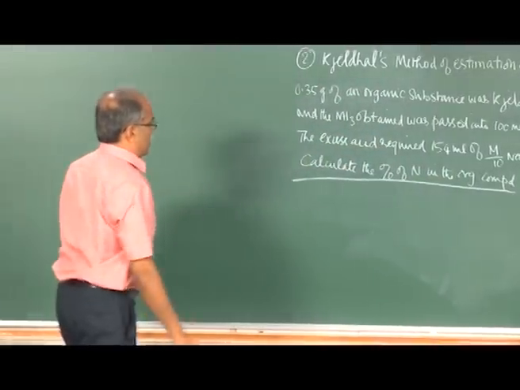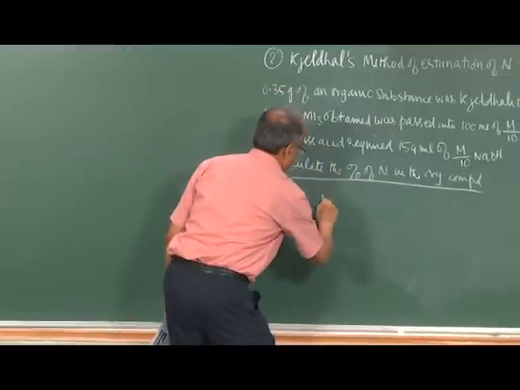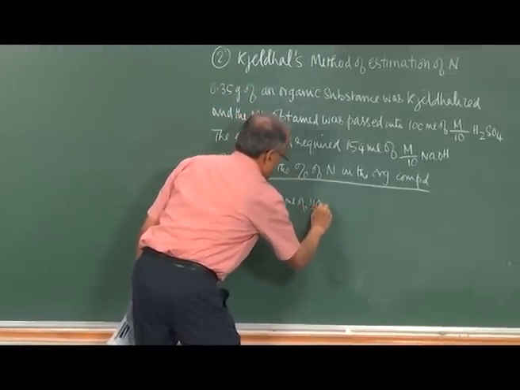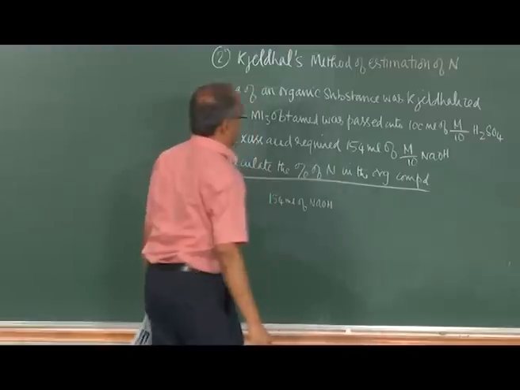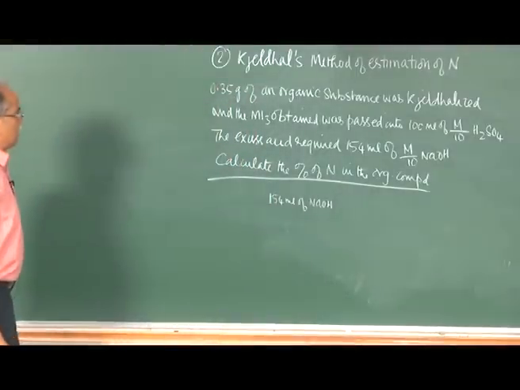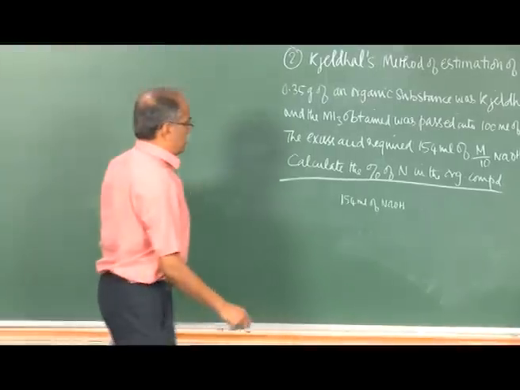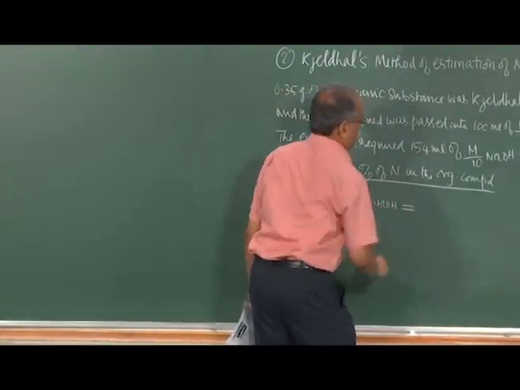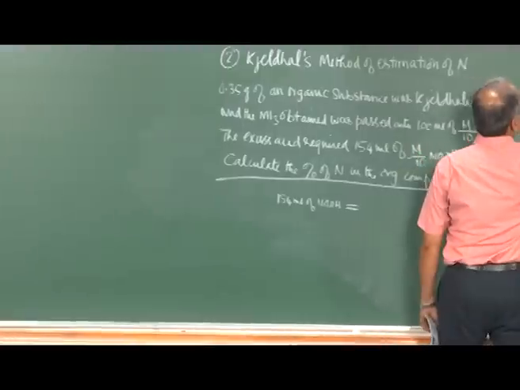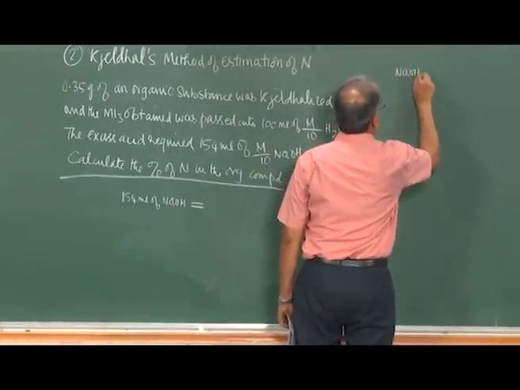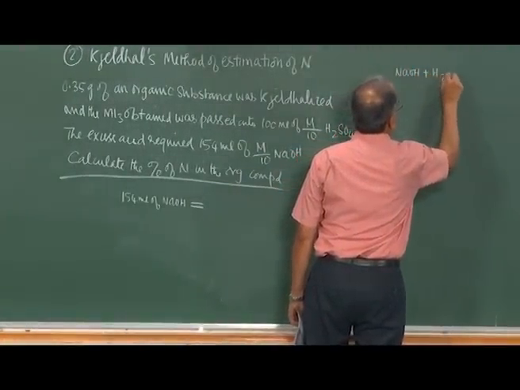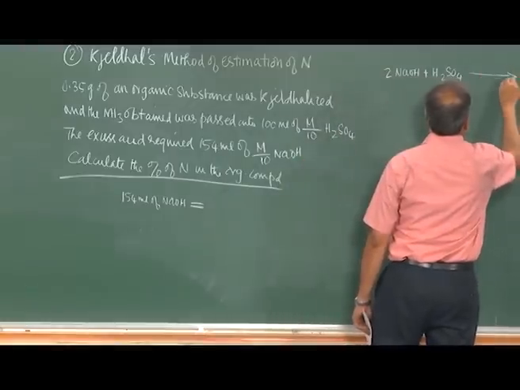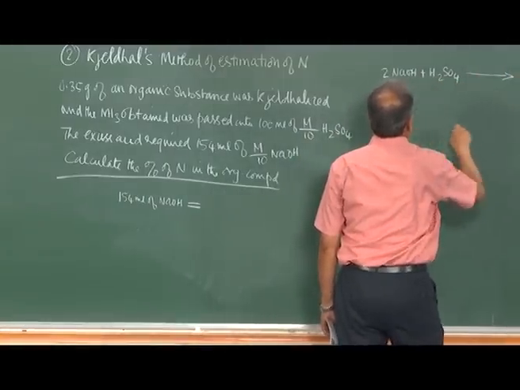Now you start from here, 154 ml of sodium hydroxide, which is needed for removing the excess acid. This would essentially correspond to, if you take the sodium hydroxide plus H2SO4, you need two equivalents of sodium hydroxide because this is a dibasic acid.